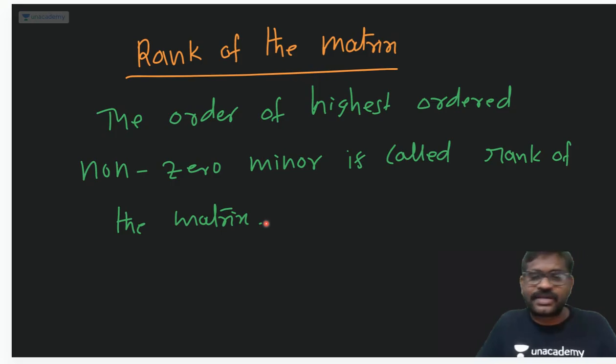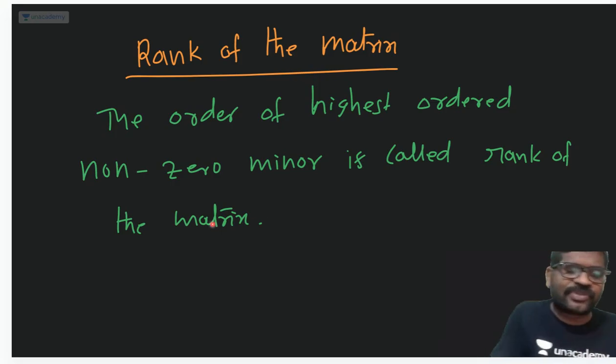The order of the highest ordered non-zero minor is called the rank of the matrix.